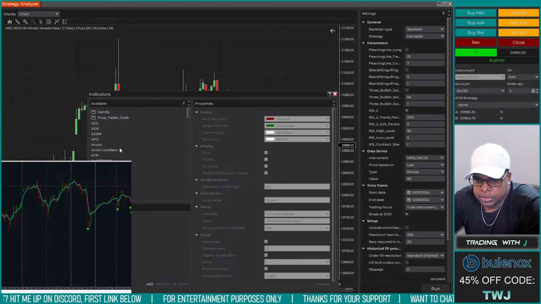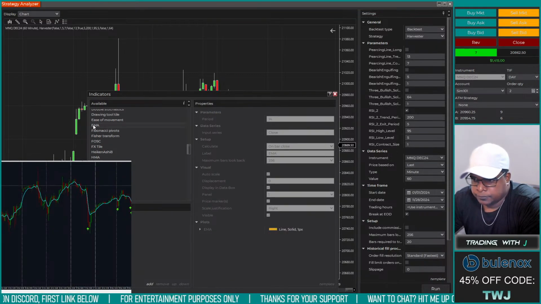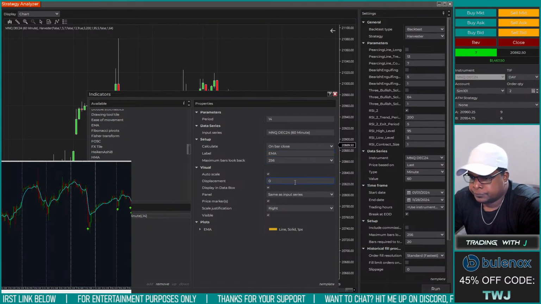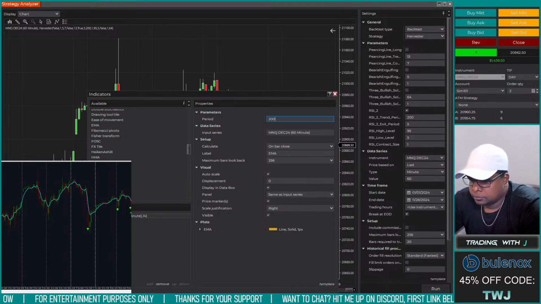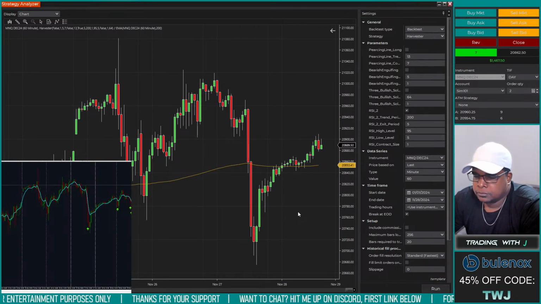We plot things on the chart. So we put the two hundred.